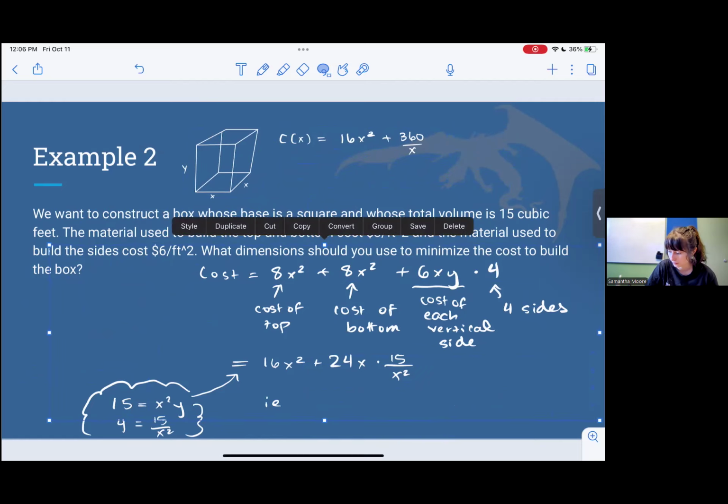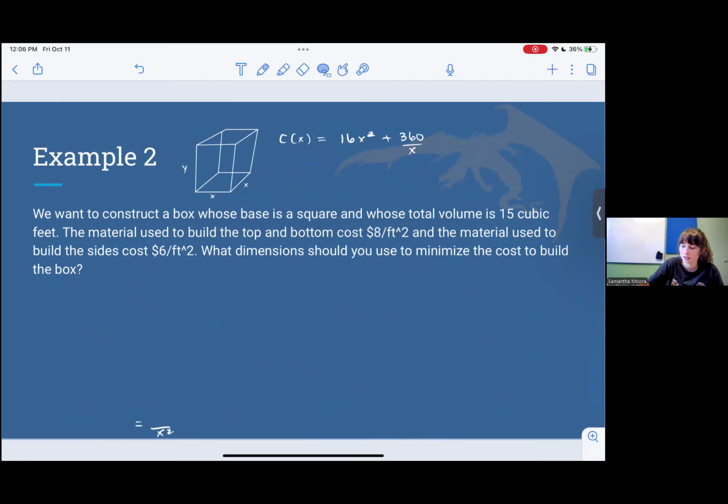Okay. So now the goal is to minimize my cost, so minimize C of x. Again, there are certain things that will and will not make sense here. Since x is the length of something, our minimum is going to be 0.